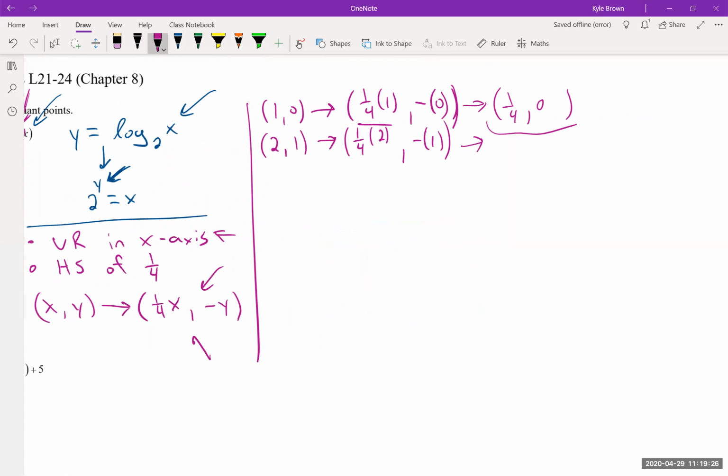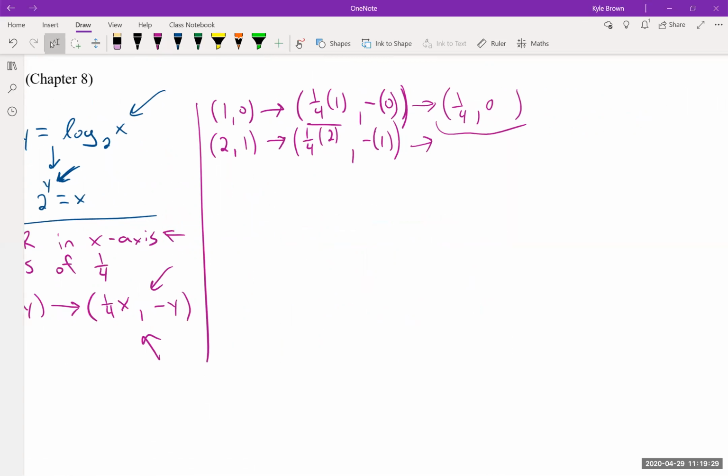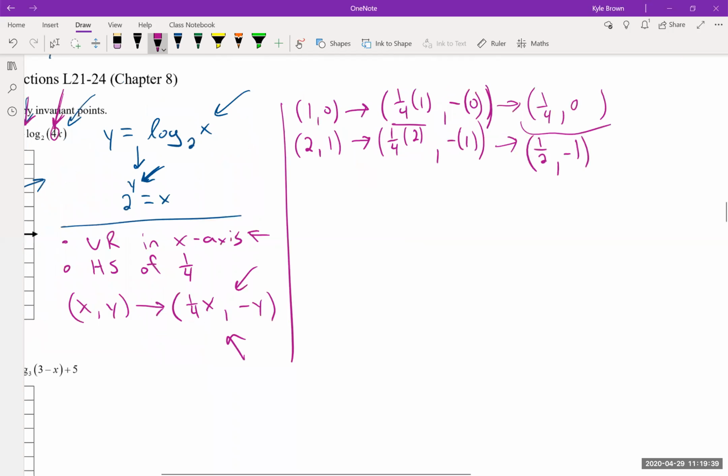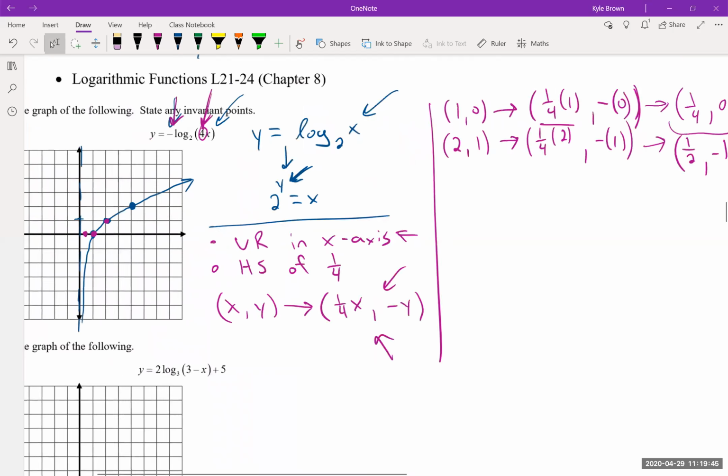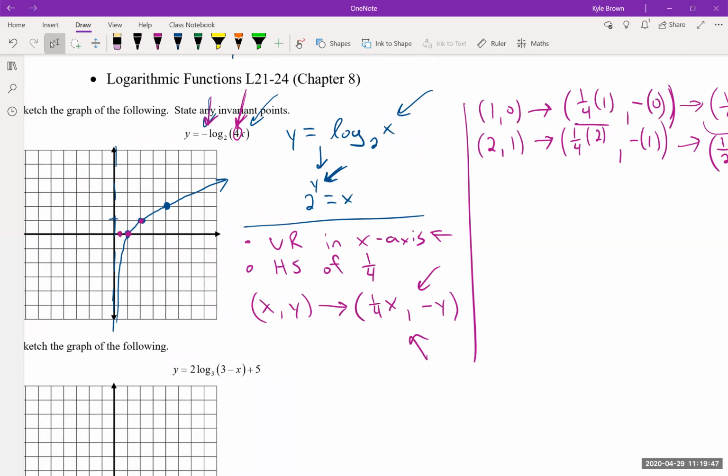Okay, just putting it into this. So then that would be the same thing as, so 2/4, that would be the same as a half, comma, negative 1. Okay, so then we'd have when x is a half, y is negative 1.